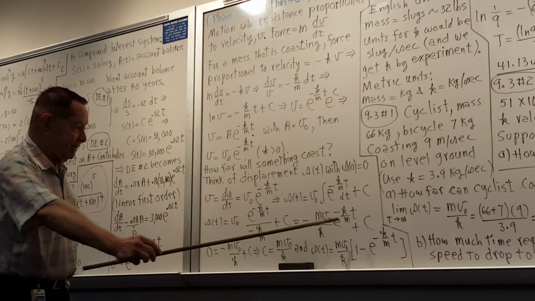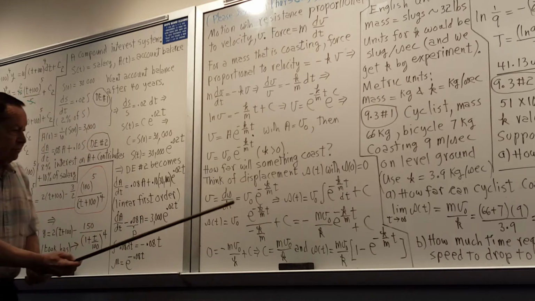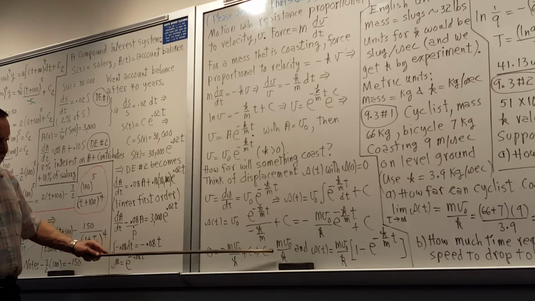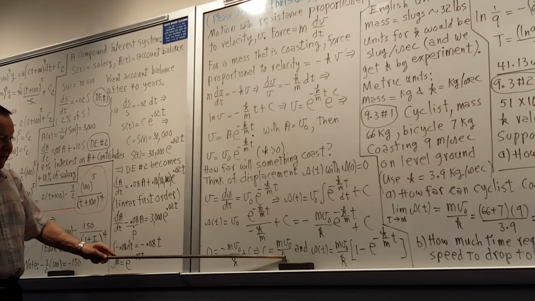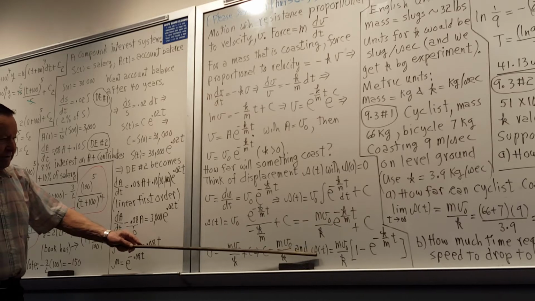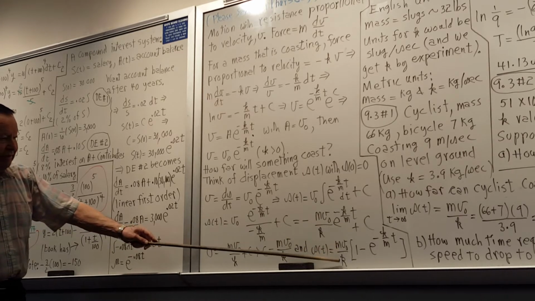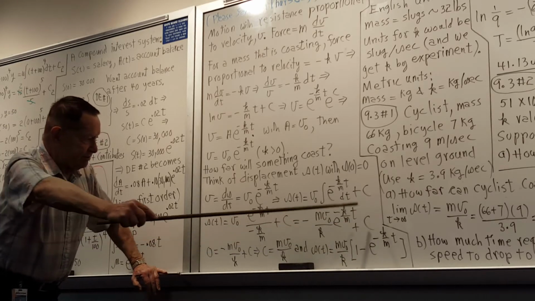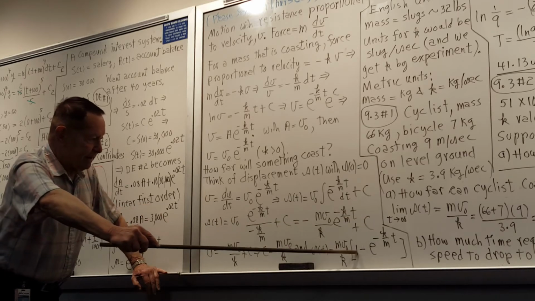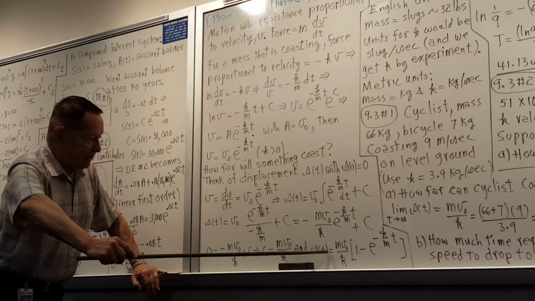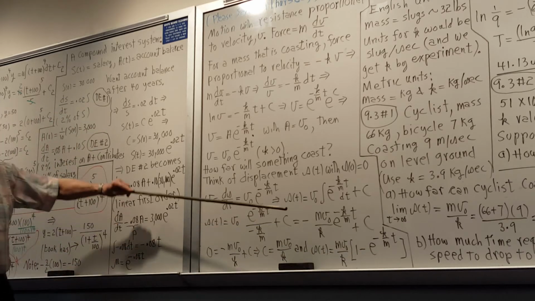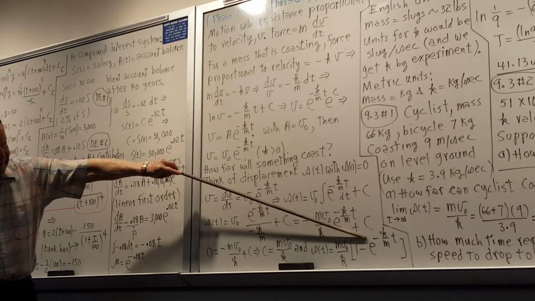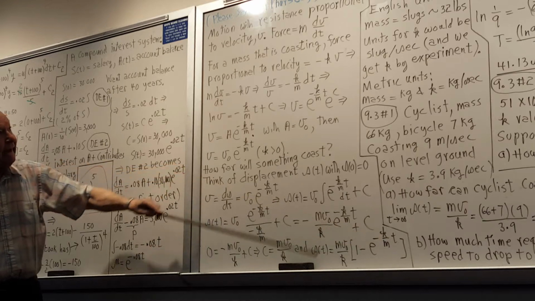So the c then will be, if you solve here, m v0 over k, and then your displacement will be m v0 over k. You take this and put it here and then factor, and you get a formula like this, where the distance is this constant times 1 minus an exponential that is dying out.